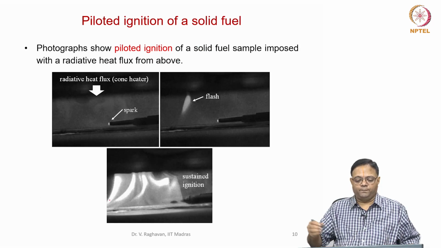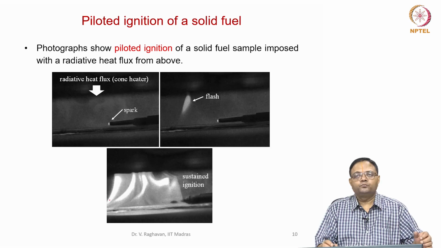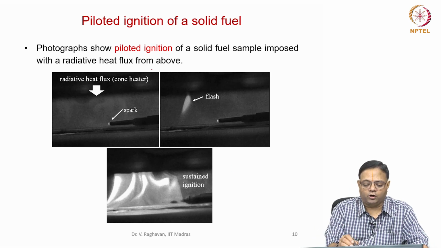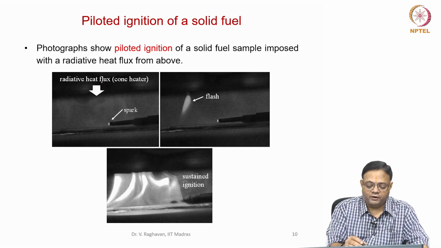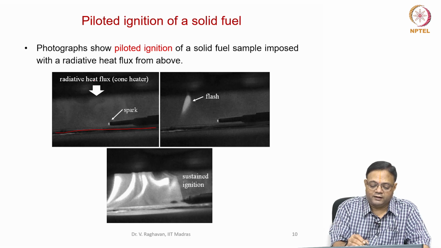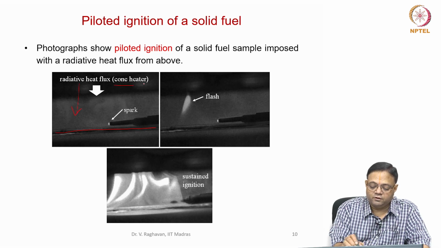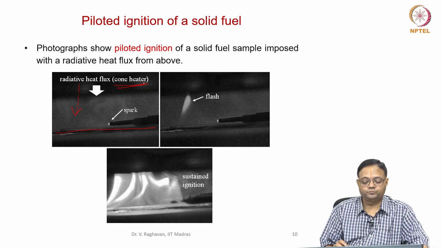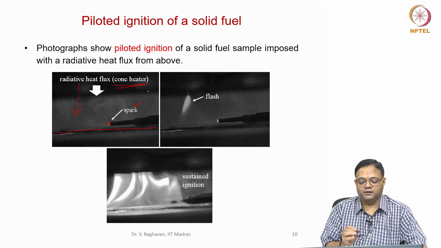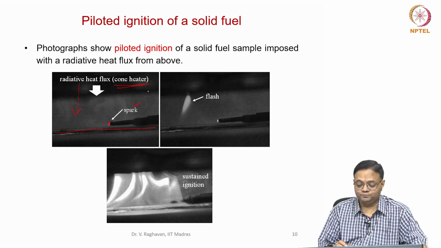Now, let us see an experiment which is done in a conical heater, the cone calorimeter. This is the surface of the solid, and there is a radiative heat flux which is imparted by a cone heater, and from the surface of the solid I keep a source spark at a certain distance as per the standards.